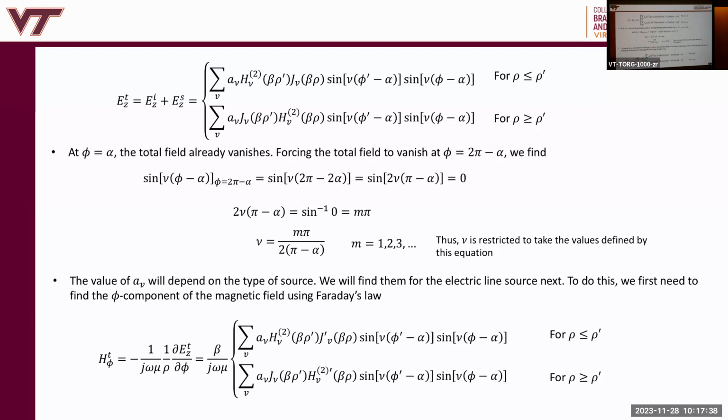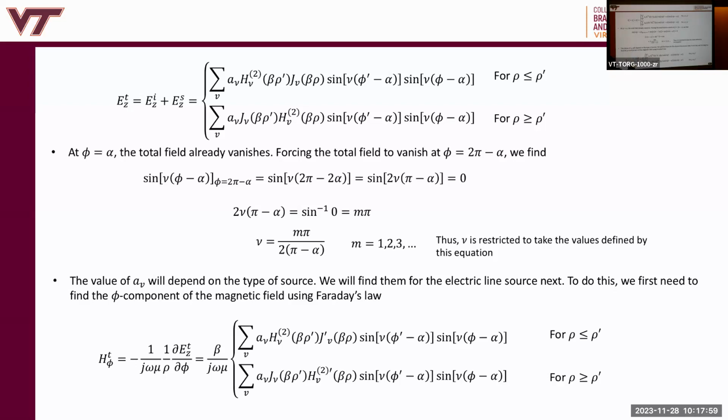But first, we need to find the phi component of the magnetic field using Faraday's law. We're going to use this in our derivation of these coefficients a nu. So h phi is equal to minus 1 over j omega mu, 1 over rho, partial Ez total with respect to phi. We know Ez total here.